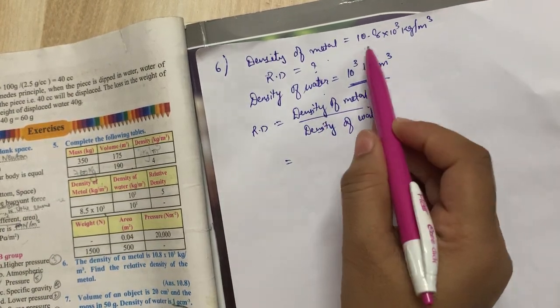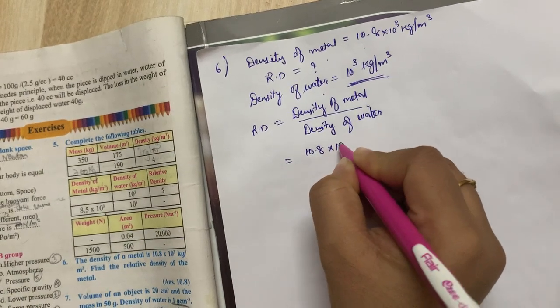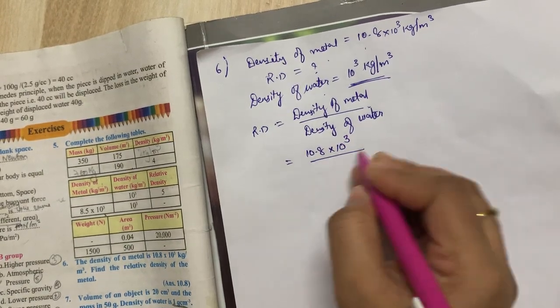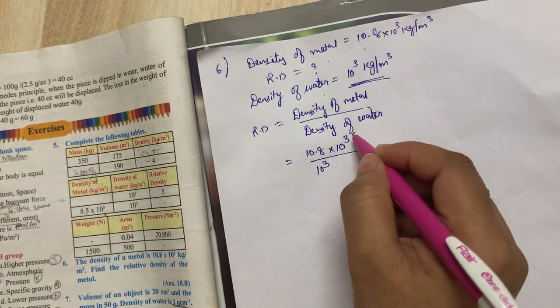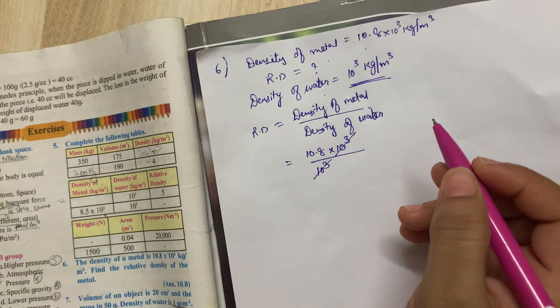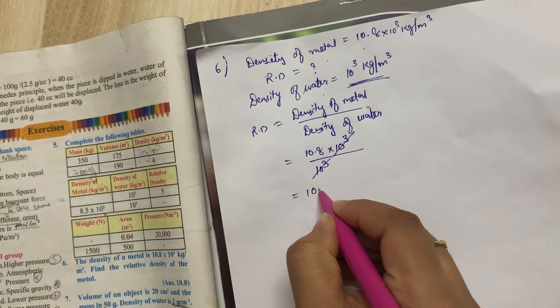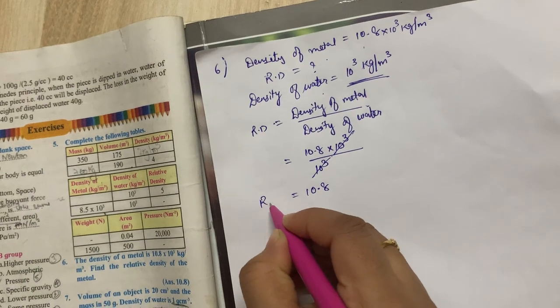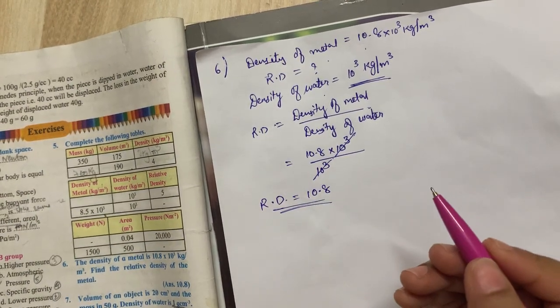Density of metal is 10.8 into 10 raised to 3 upon 10 raised to 3. Now 10 raised to 3 and 10 raised to 3 got cancelled. So what you got is 10.8. This is your relative density, your final answer. Understood?